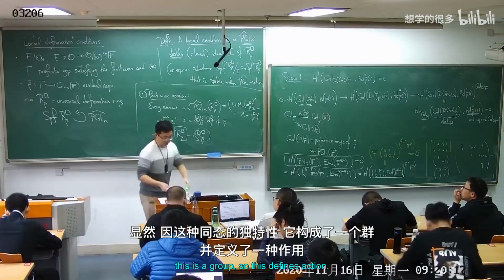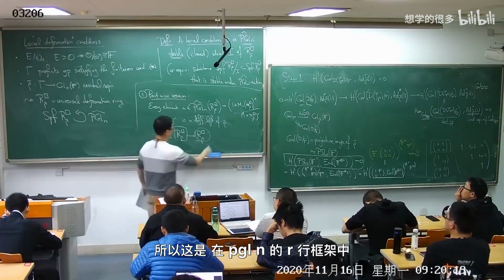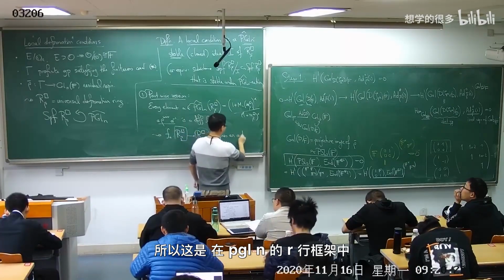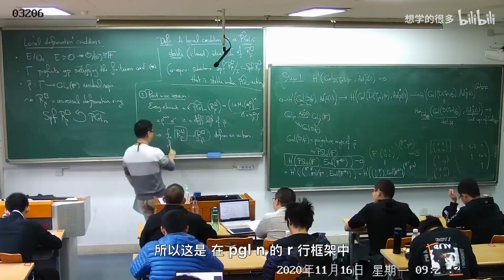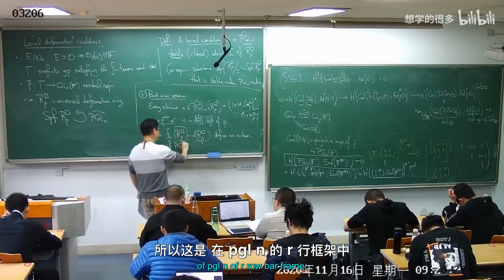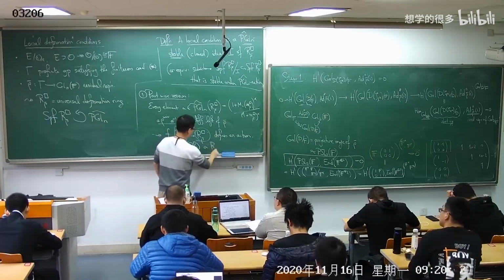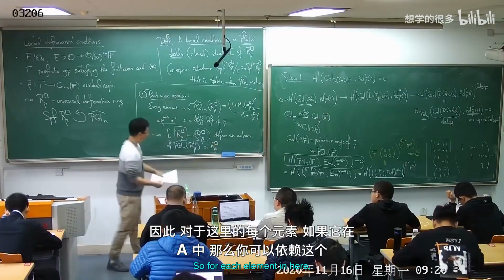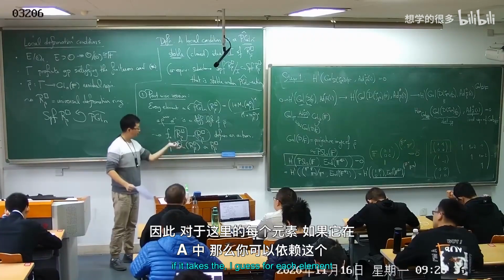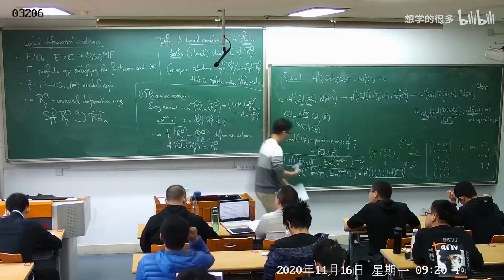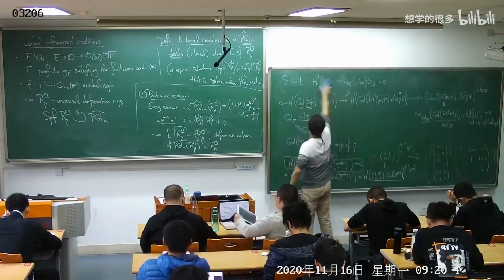So this defines the action of PGL_N hat of R_rho bar. So for each element A here, you can act on that, satisfying the correct group law.